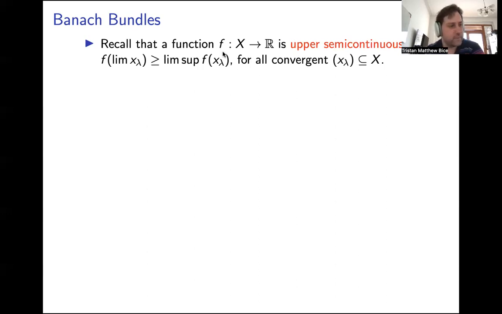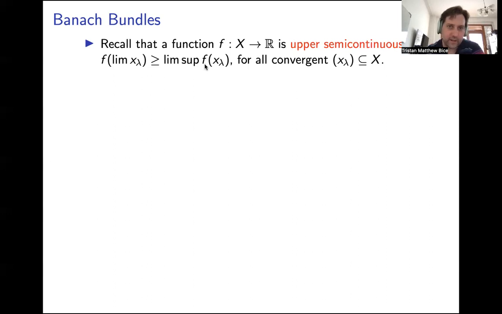So just remember that an upper semi-continuous function is a map on any topological space X to the real numbers, satisfying this condition here: the f of the limit of any convergent net has to be greater than or equal to the lim sup of the corresponding values. Right? So when you look at the corresponding values here, if f was continuous, this would itself have a limit and it would be equal, right?